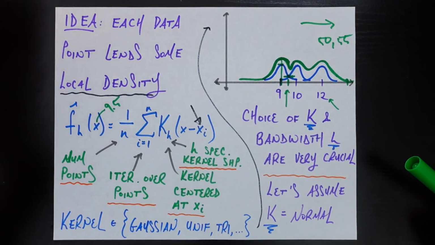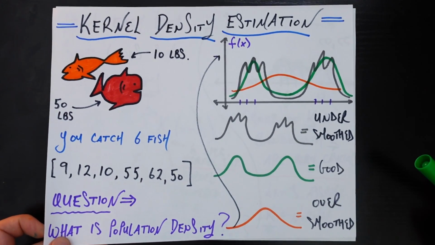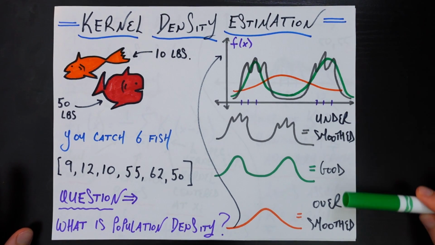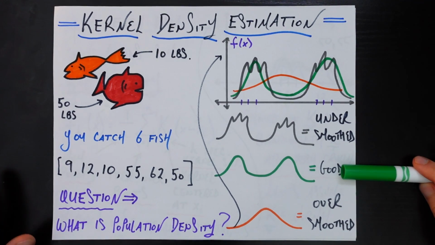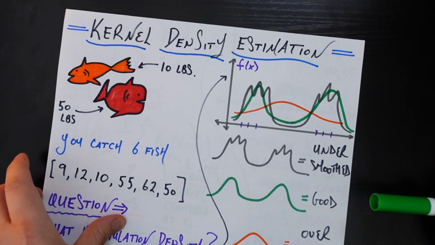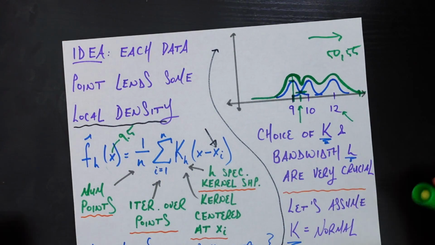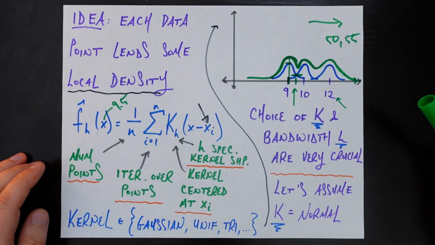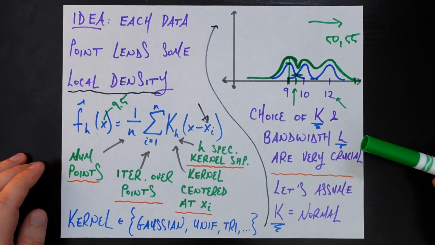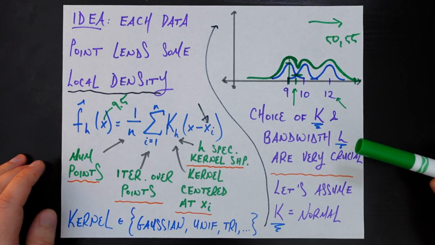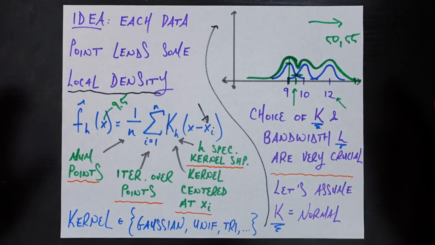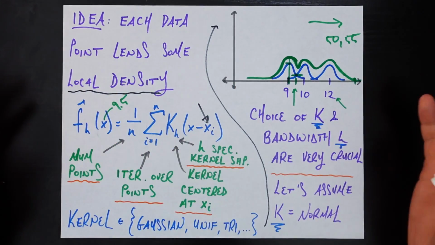And if we go back to the previous piece of paper here, that's eventually going to determine whether your overall kernel is undersmoothed, oversmoothed, or a good fit. And that's what we'll spend the rest of the video talking about: now that we understand the basics of kernel density estimation, how do we actually choose this bandwidth h? How do we know if each of these individual kernels should be very wide, very narrow, or something in between?